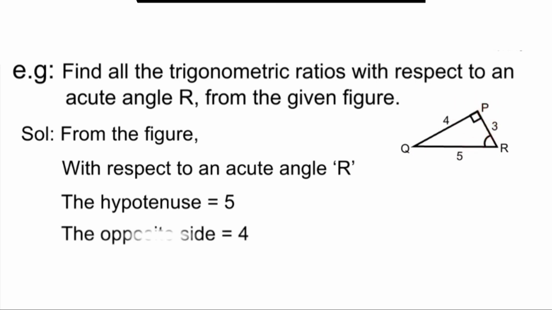Next, the opposite side is 4 since it is the side opposite to an acute angle r. Next, the adjacent side is equal to 3 since it is the side next to an acute angle r.